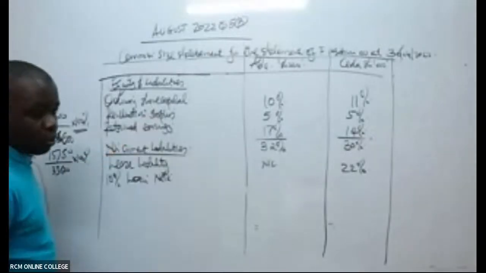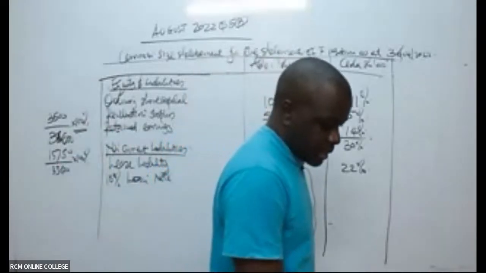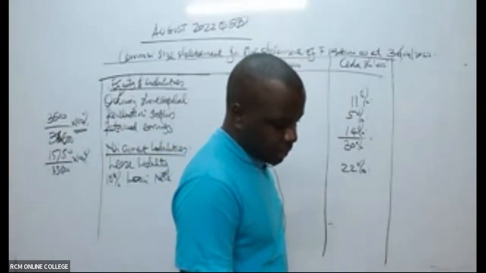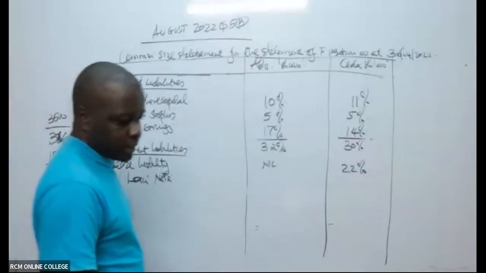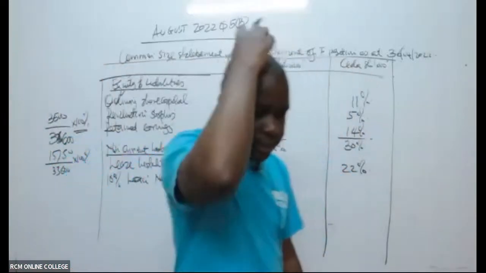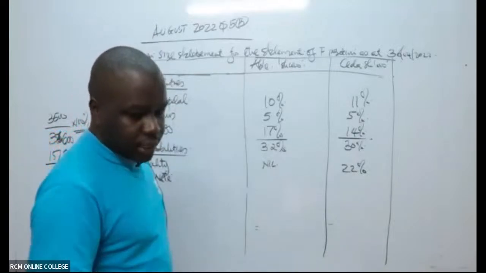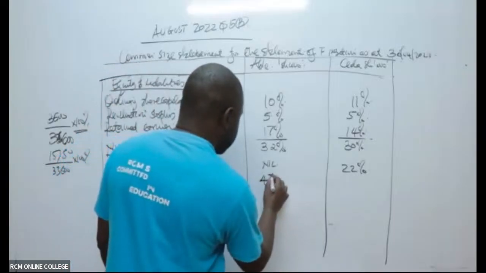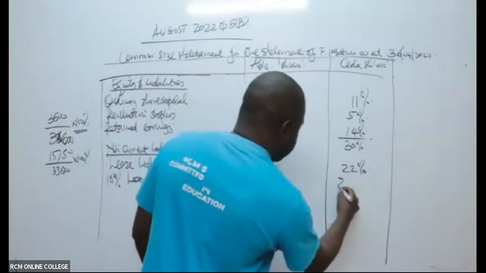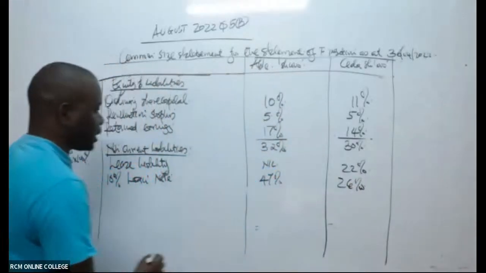That is for ABLE. Then for the other one, it is 17,500 divided by the same amount, the total assets, 66,500. So 46.9 and 26.3, that is 47% and 26%. I think those are the only items.